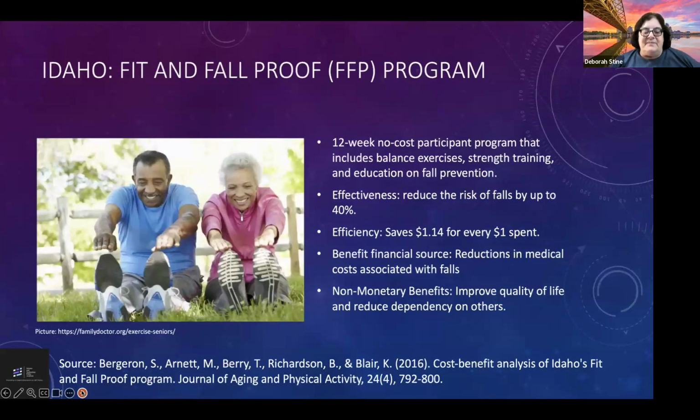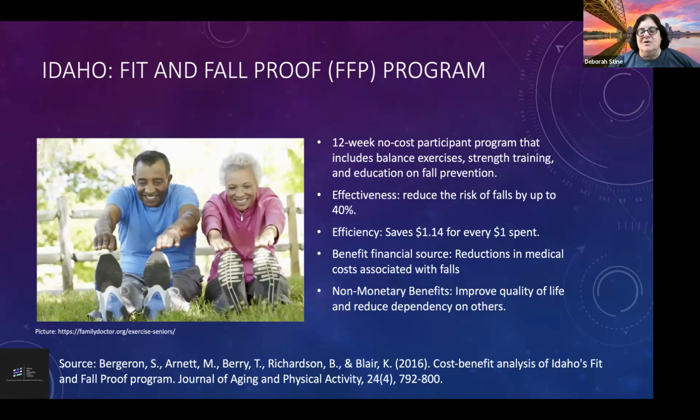So here's an example of a program in Idaho. It's called the Fit and Fall Proof Program. This is a 12-week, no-cost participant program that includes balance exercise, strength training, and so forth. For effectiveness, the studies they've done on this program found it reduced the risk of falls by 40%. In terms of efficiency, it saves $1.14 for every dollar spent.